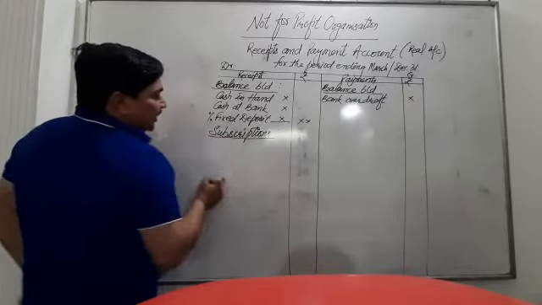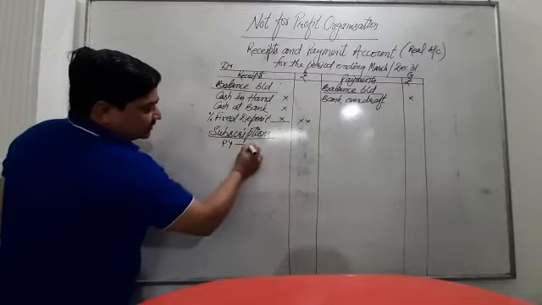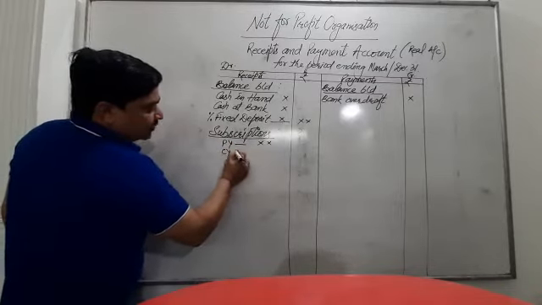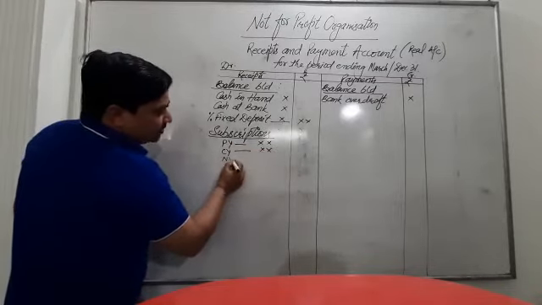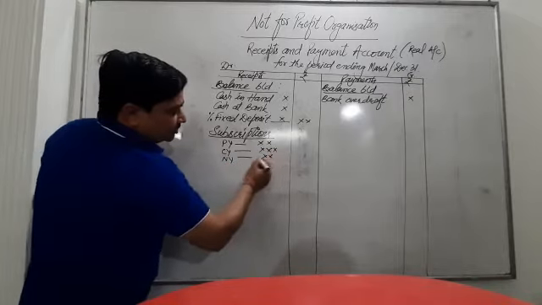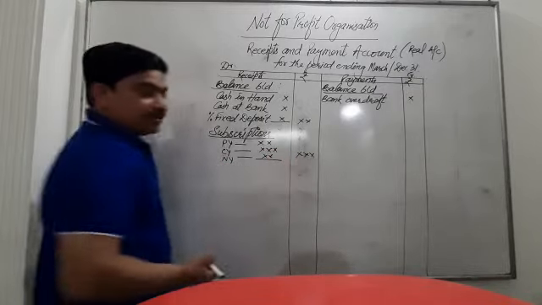Subscription may be related to the previous year, maybe related to the current year, maybe related to next year. So these balances you need to write here.